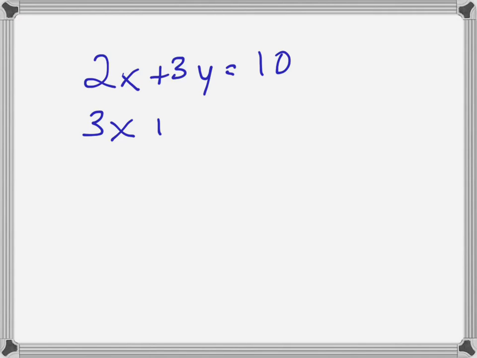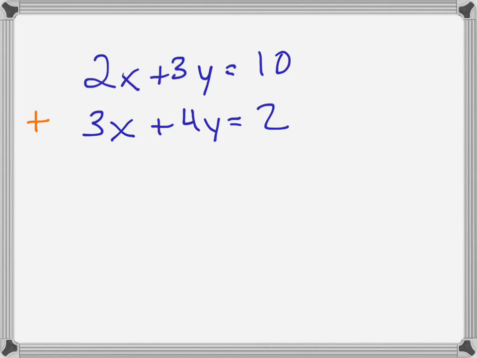Now elimination. Something like 2x plus 3y equals 10, and 3x plus 4y equals 2. The goal of elimination is to add these equations in such a way that one of the variables, either x or y, cancels out. In order to do that, we need the x's to have the same coefficients but opposite signs.